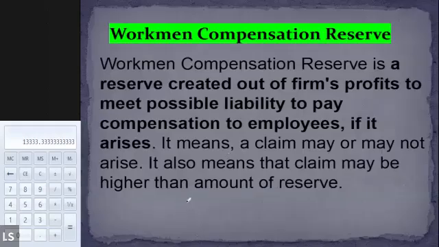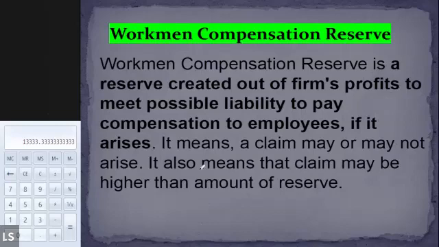All right. So, starting with the meaning of workman compensation reserve. As I told you, workman compensation reserve is created out of the firm's profit to meet the possible liability to pay compensation to employees. The compensation is required to be paid to an employee on account of any kind of injury or accident that may occur to the employee during the performance of his obligation for the employer.